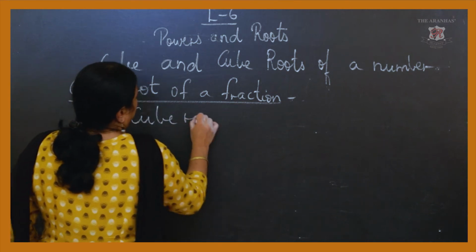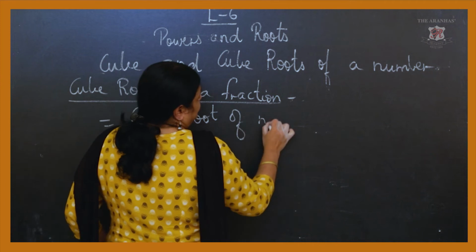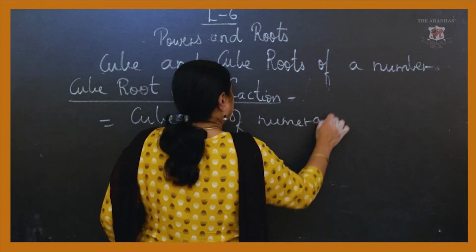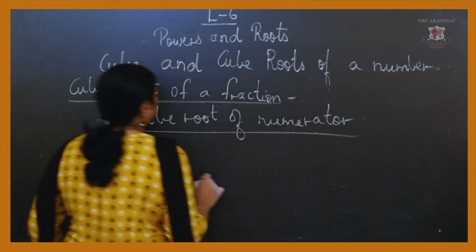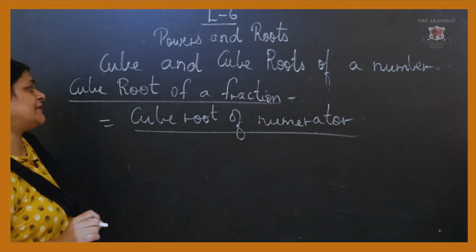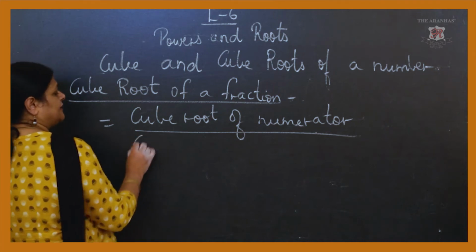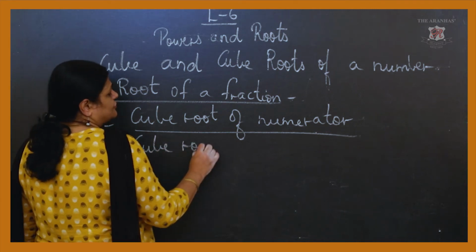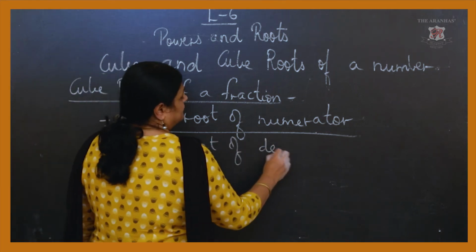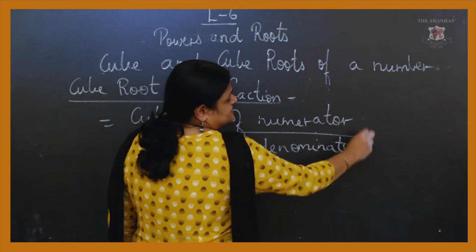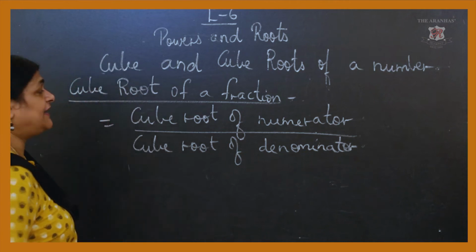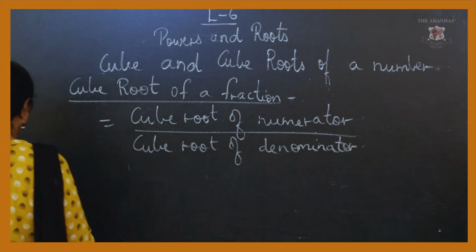Cube root of the numerator, like how we had done for the earlier one, square root, like that. Cube root of a fraction is equal to cube root of the numerator divided by cube root of the denominator. Understood? This is the formula for the cube root of a fraction.